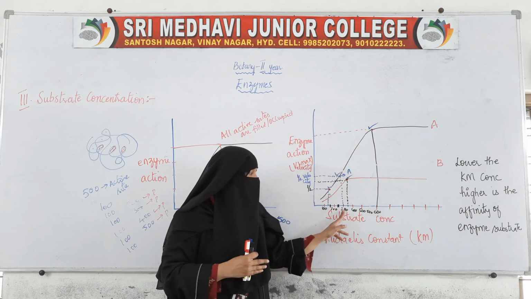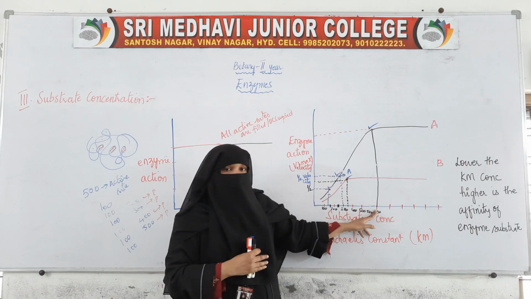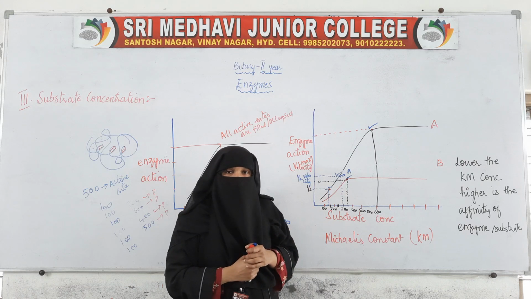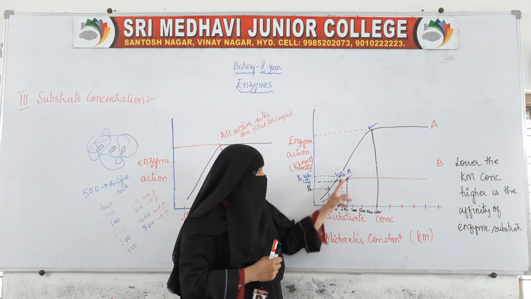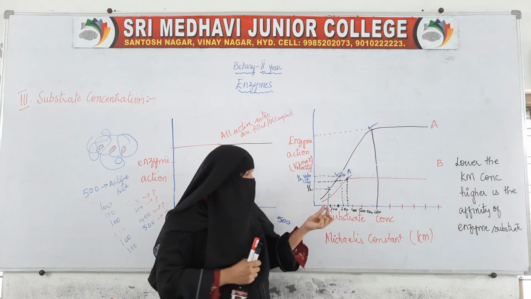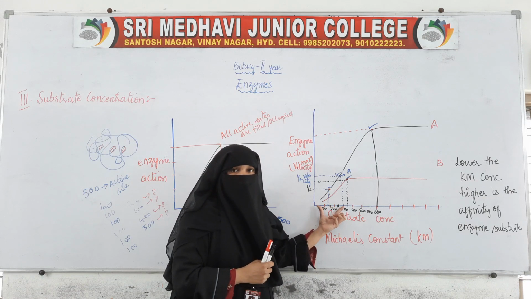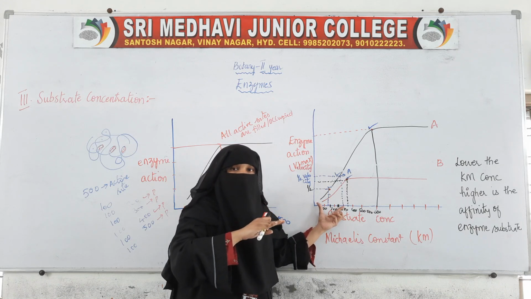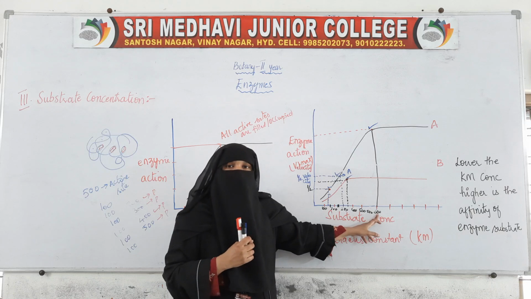The Michaelis constant of enzyme A is more, but the Michaelis constant of enzyme B is less, the highest point, but this half is even less. So within this 300 range, the substrate and enzyme are fixed together, but in enzyme A it is taking 600.